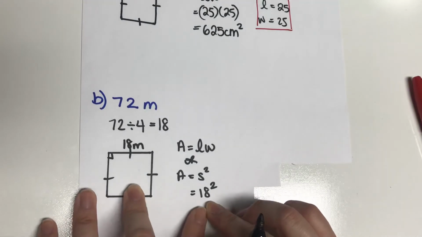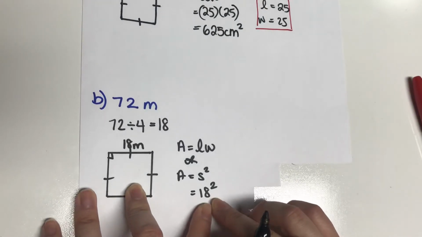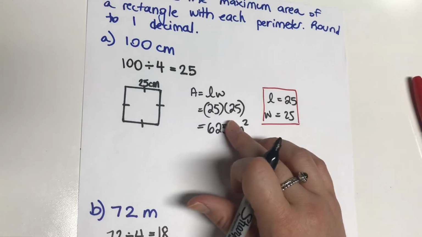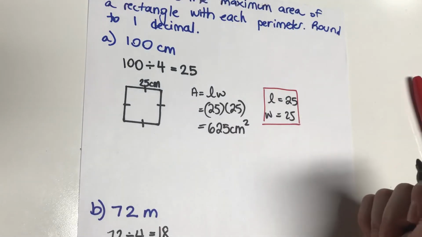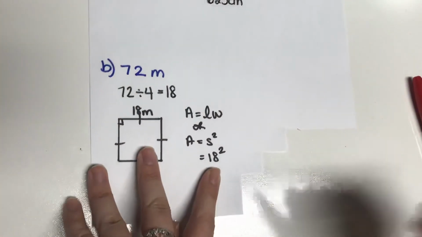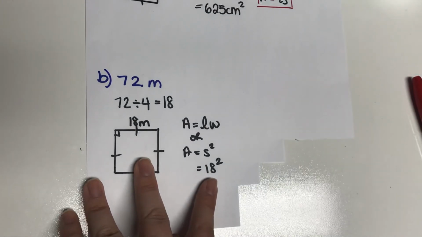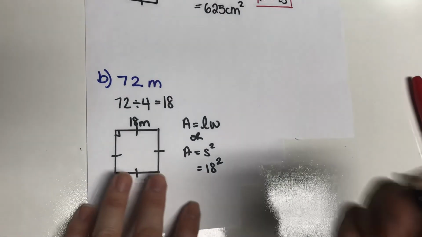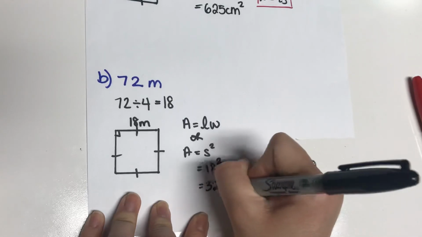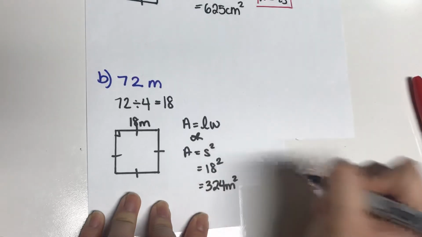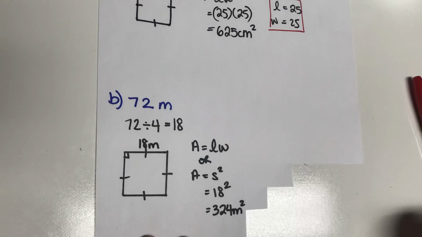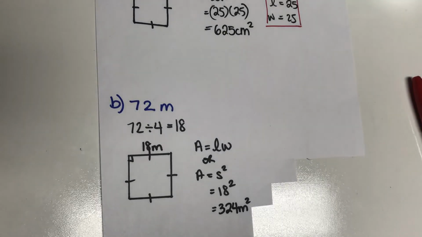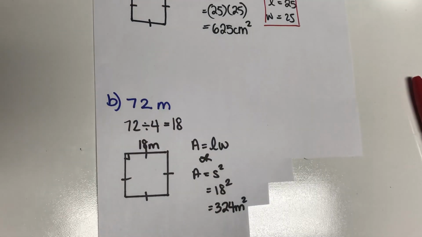Instead of writing 18 times 18, I can just write 18 squared, just like here, instead of writing 25 times 25, I can just write 25 squared. So 18 squared gives me 324 centimeters squared, which is my maximum possible area for this specific perimeter.